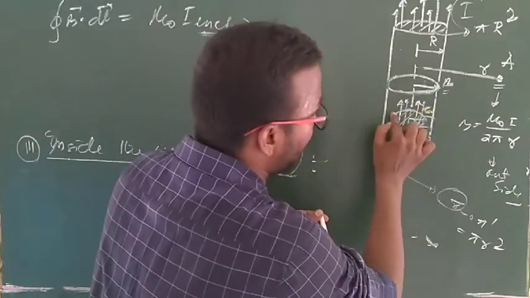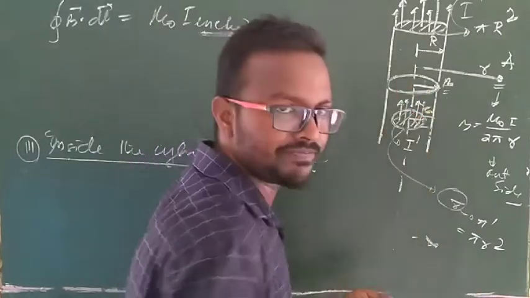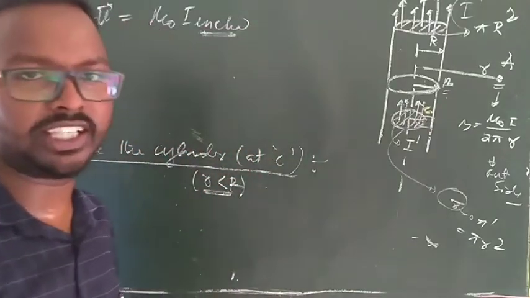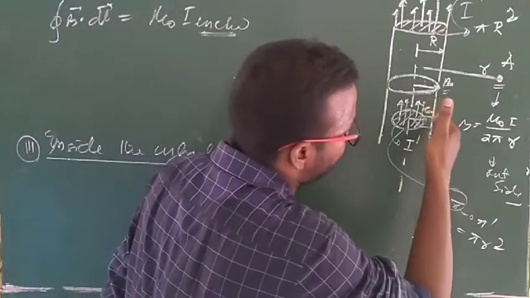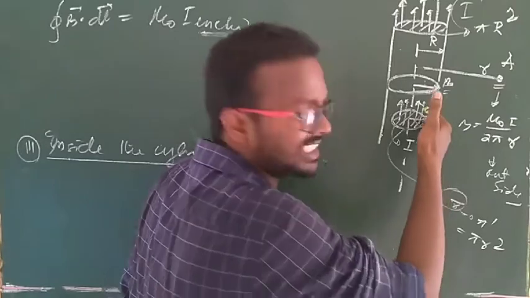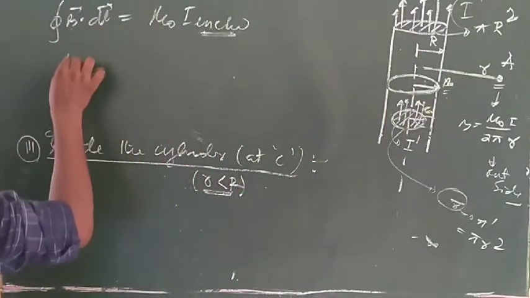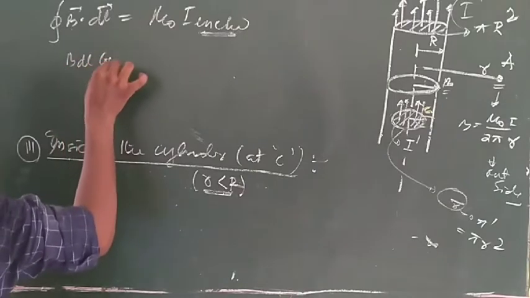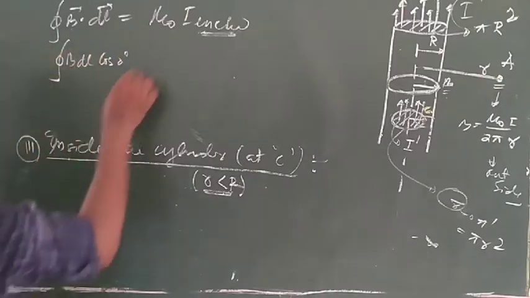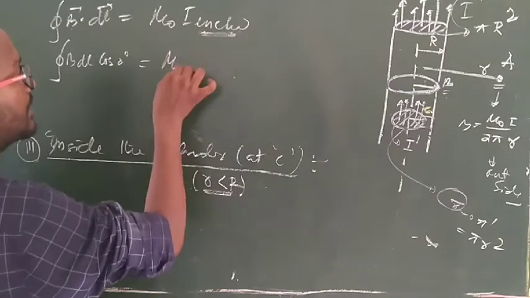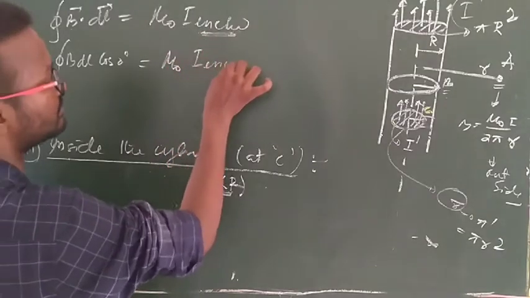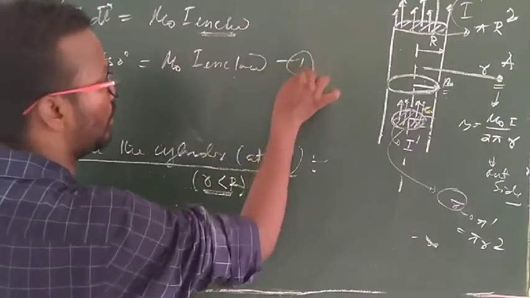So at each and every point theta is the same and theta equals 0 degrees, because the direction of the magnetic field and the direction of the length element dl is 0 degrees. So you can use B dot dl, which is equal to B dl cos 0 degrees, closed integral, equal to mu naught into I enclosed, equation 1.